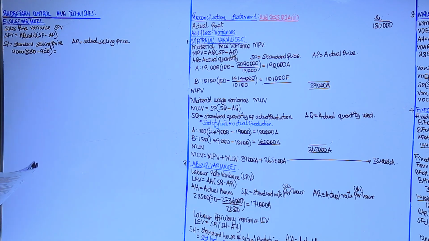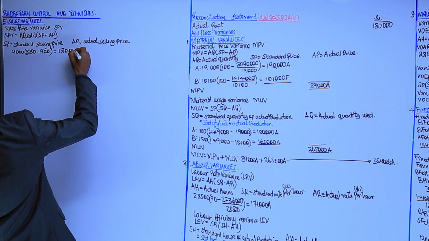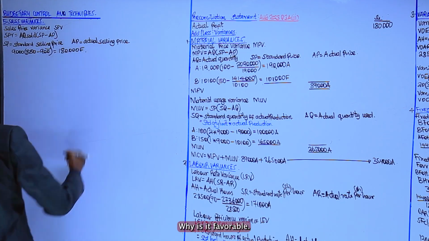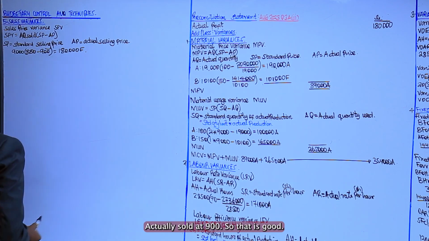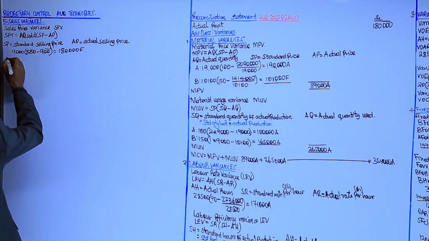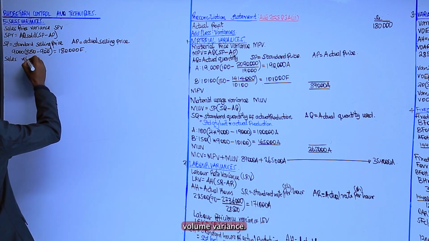So again, we calculate this. 20 times 9,000 is 180,000. This is favorable. Why is it favorable? Because you had budgeted to sell at 880, actually sold at 900. So that is good.